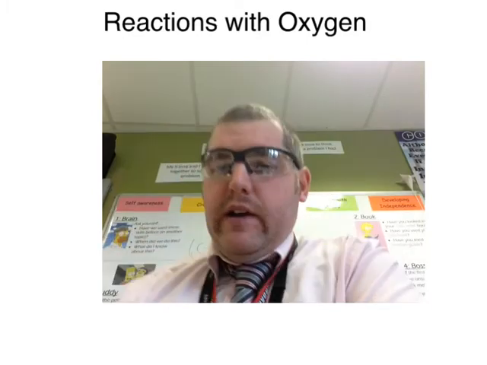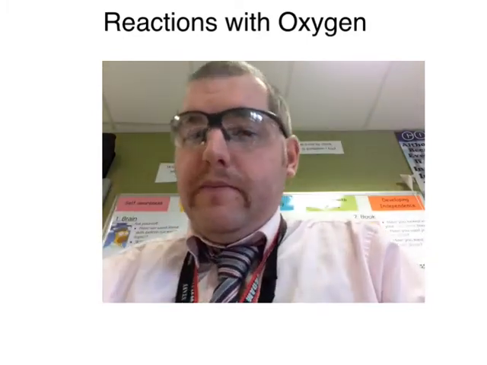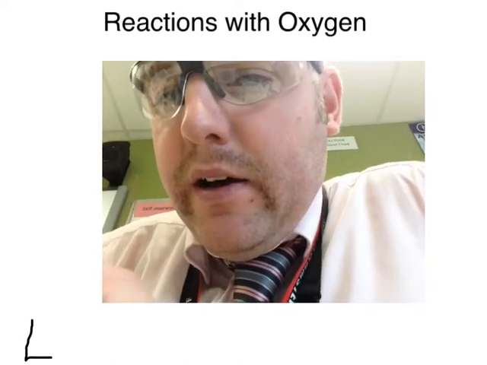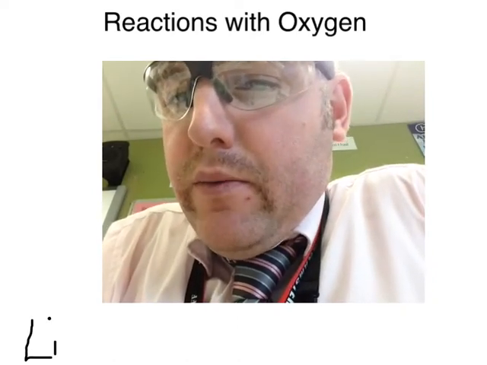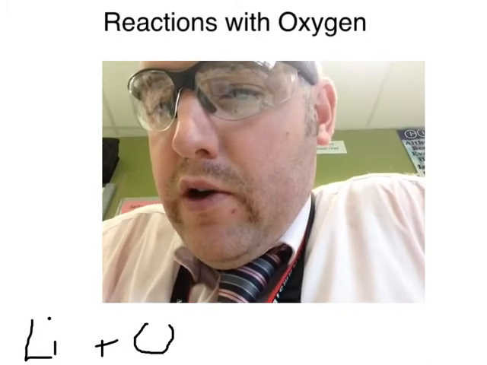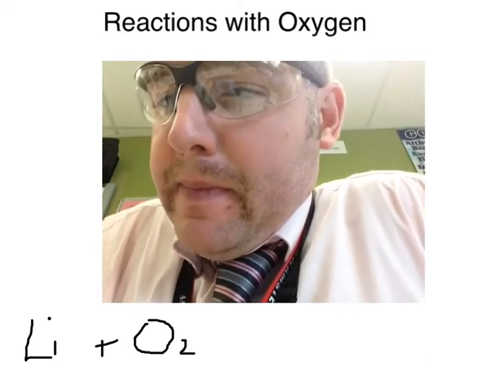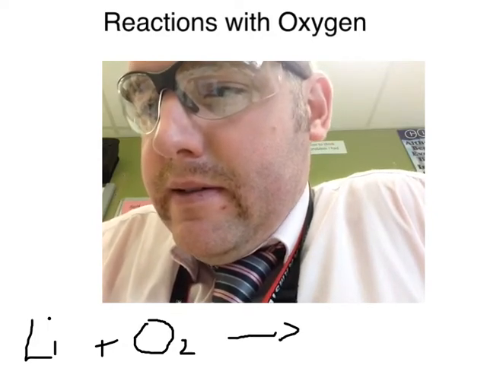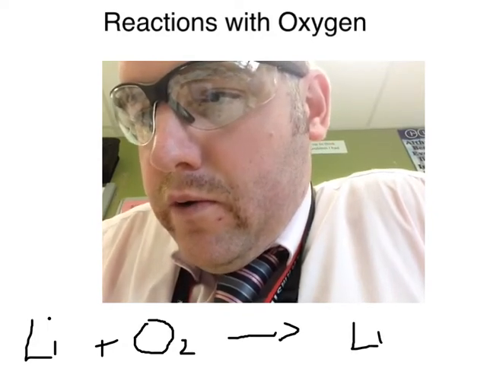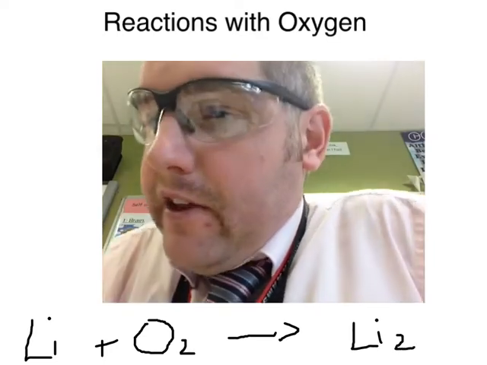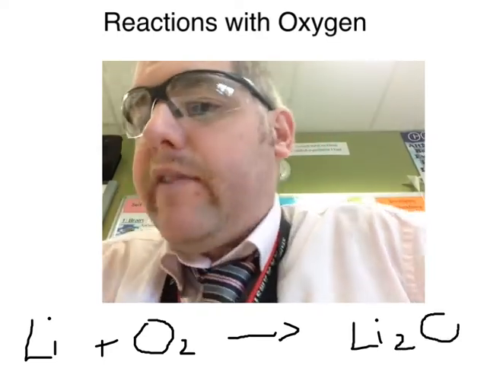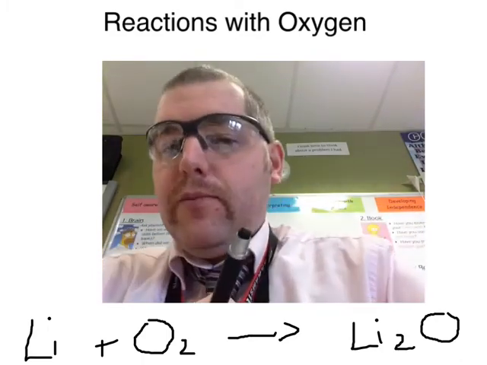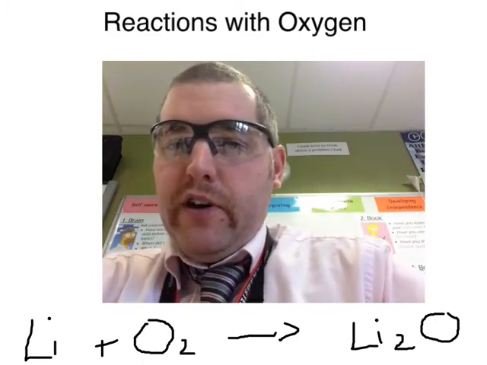So if we take one of the examples we've just done, lithium, lithium has the symbol Li. We react that with oxygen, which is O2 in the air, and that will give us lithium oxide. Now, because the lithium only gives one electron, the oxygen needs two, so we need two lithium atoms to make that lithium oxide.